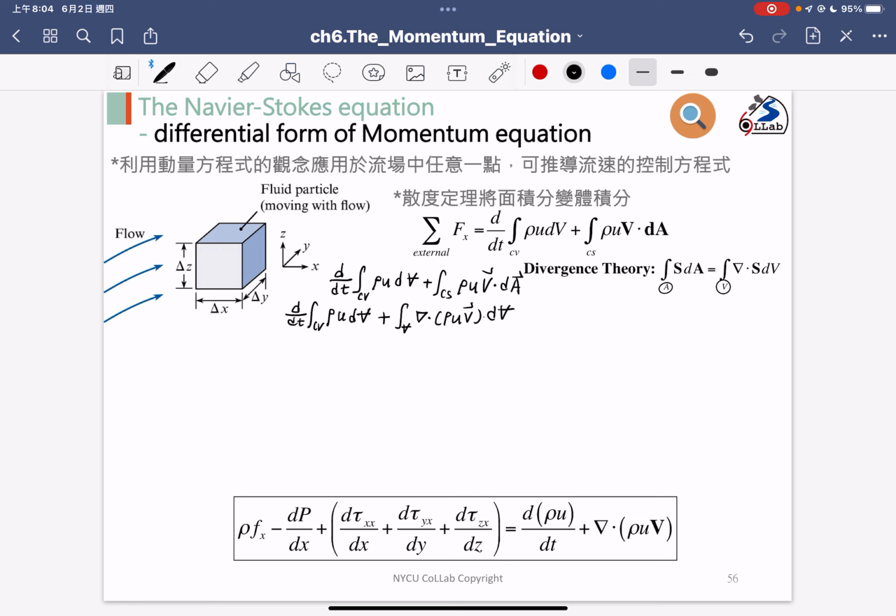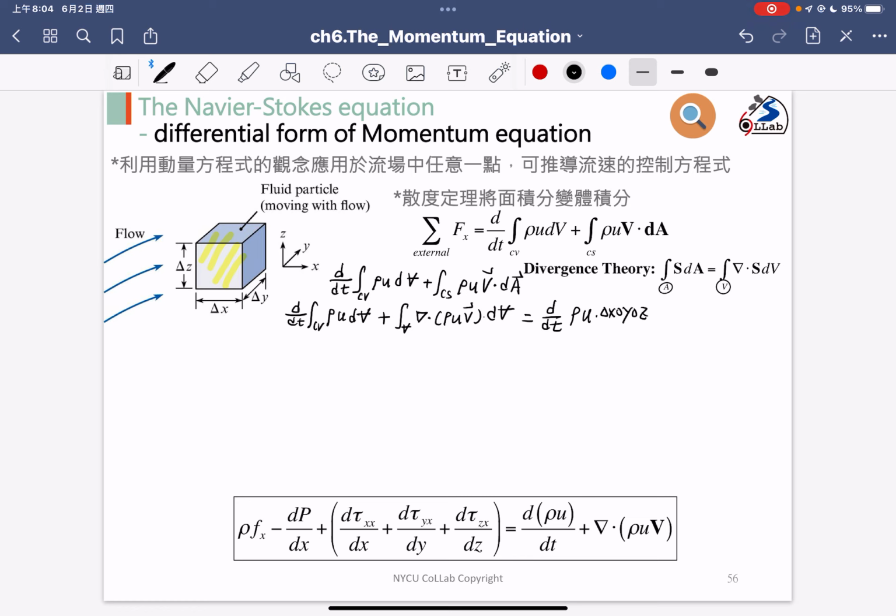Okay, and we go back to see our problem. Our problem already considers a very small fluid cube, so we don't need the integration operator in our momentum equations. We just remove the integration items, and we have ρu multiplied by Δx, Δy, and Δz.